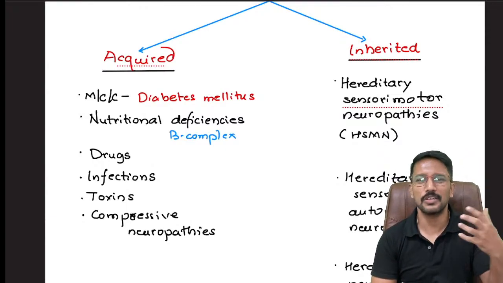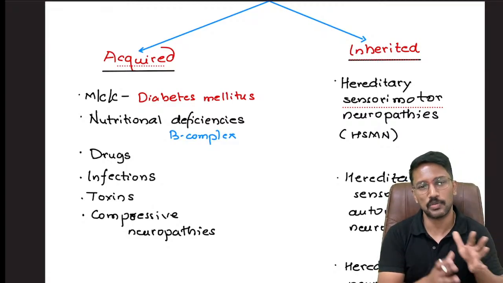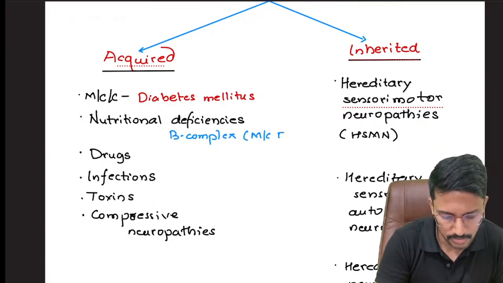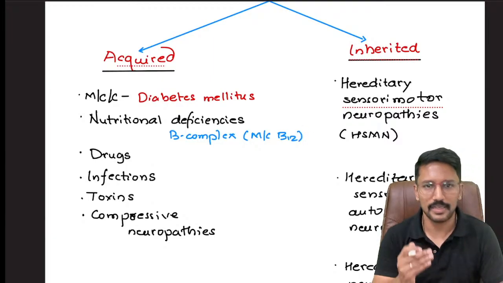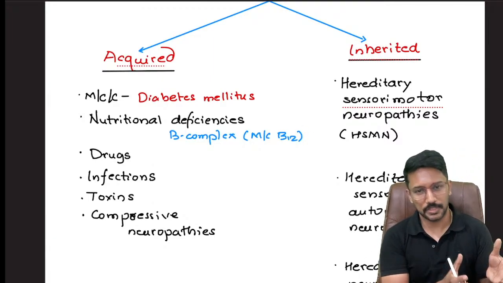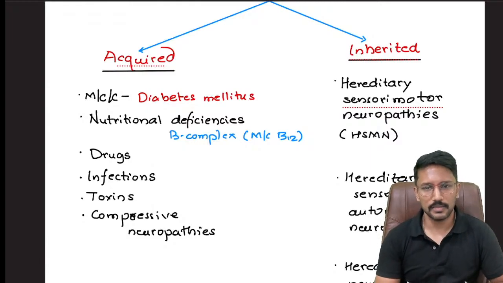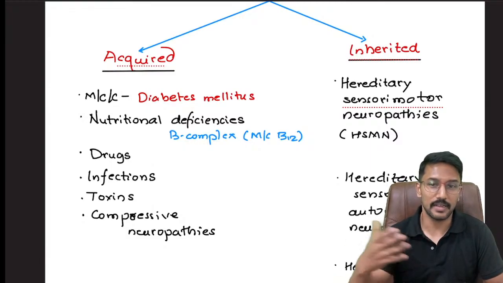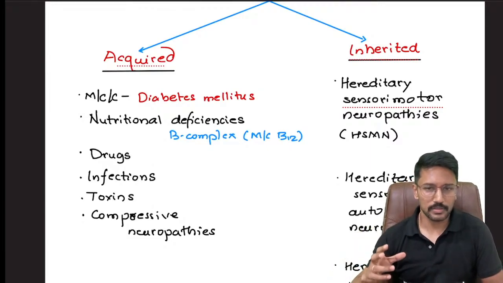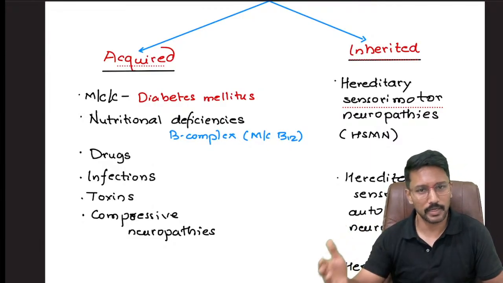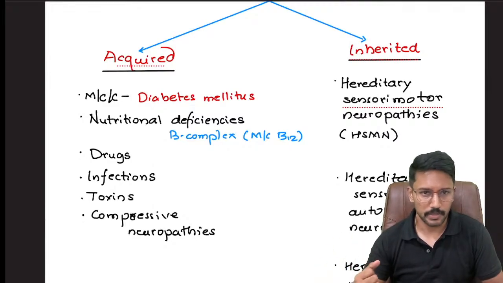Particularly B12 is such a common cause in India. Among them, the most common deficiency responsible for neuropathies in India is B12, because a larger number of Indians are vegetarians. And the second reason is there is a high prevalence of pernicious anemia in India with anti-intrinsic factor antibodies. Because of that, even if you are non-vegetarian, your absorption of B12 may be poor, and we end up with peripheral neuropathy.